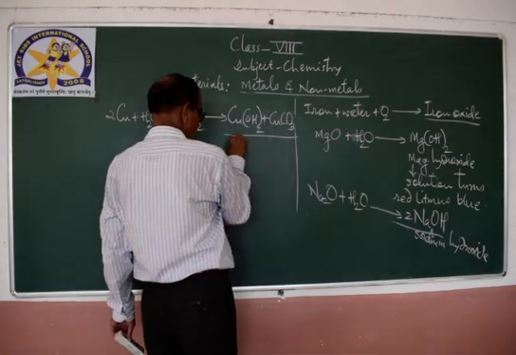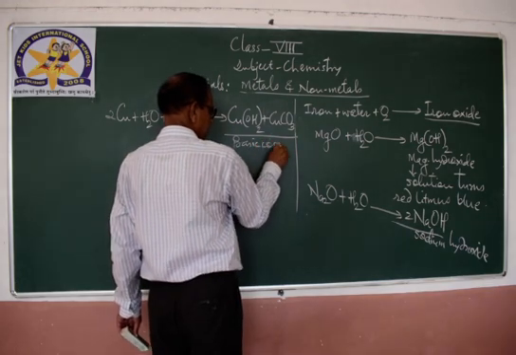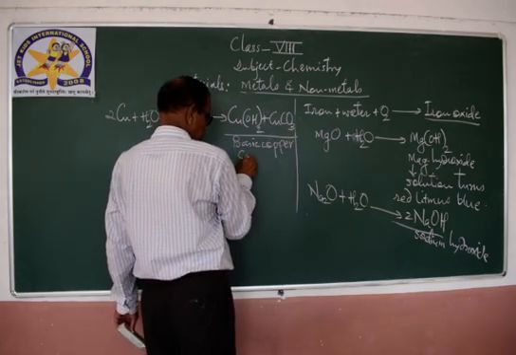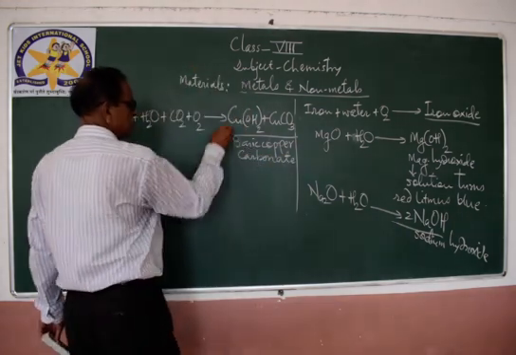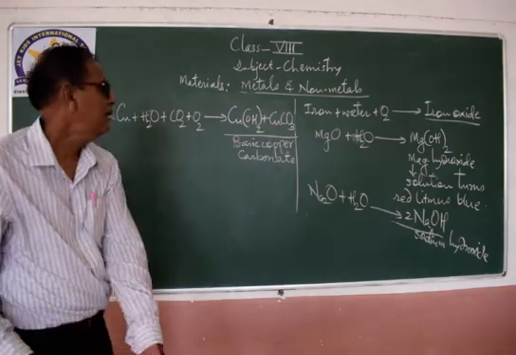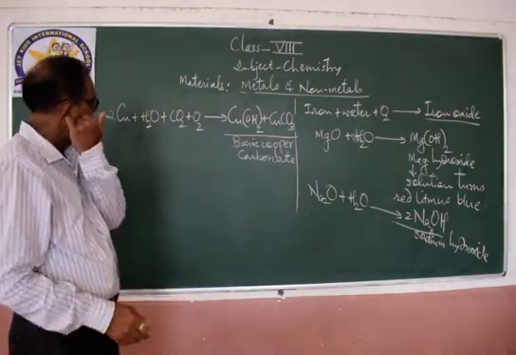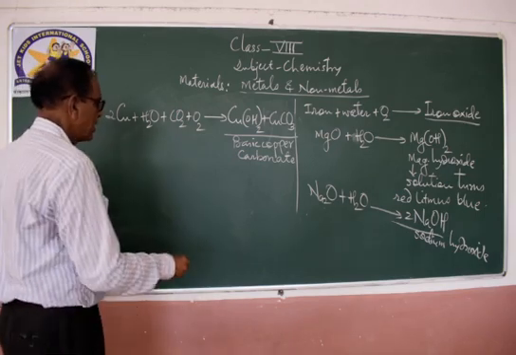This is called basic copper carbonate. This is copper hydroxide. This is copper carbonate. And as the nature of this compound is basic, therefore we say it is basic copper carbonate.